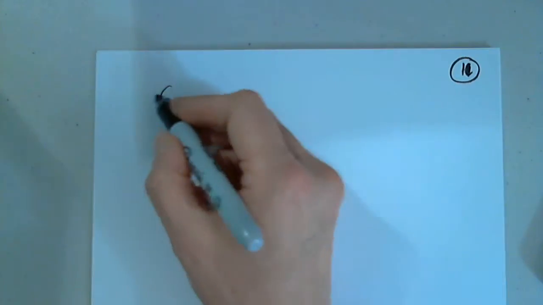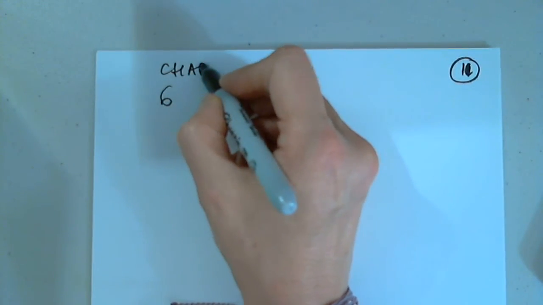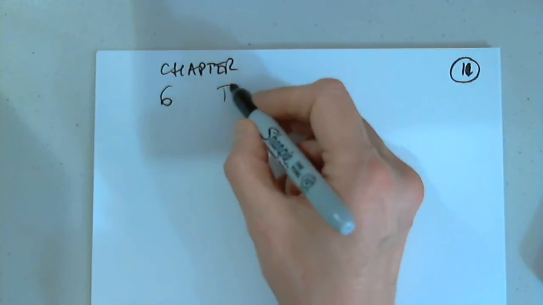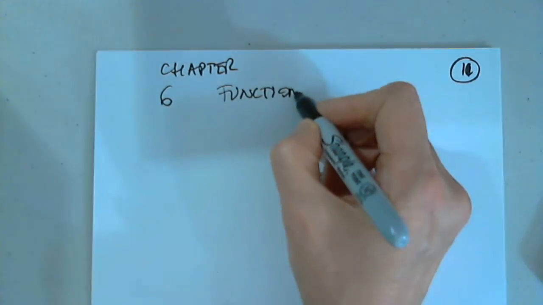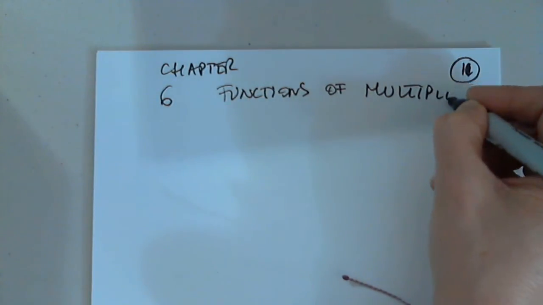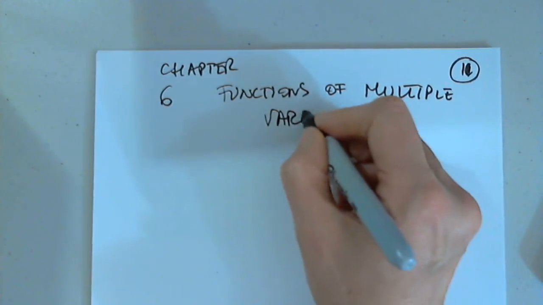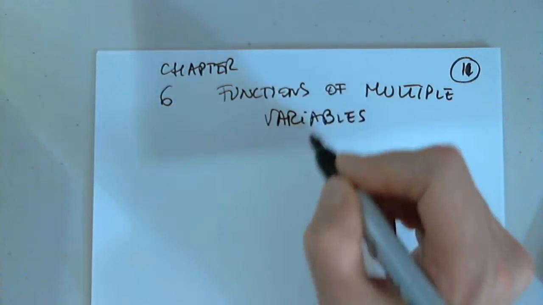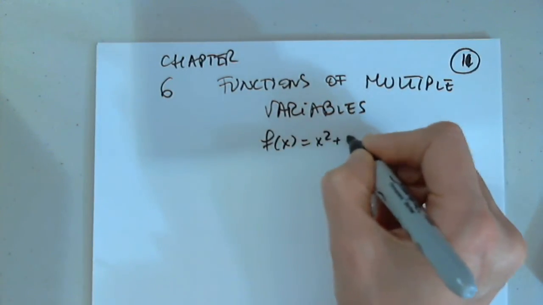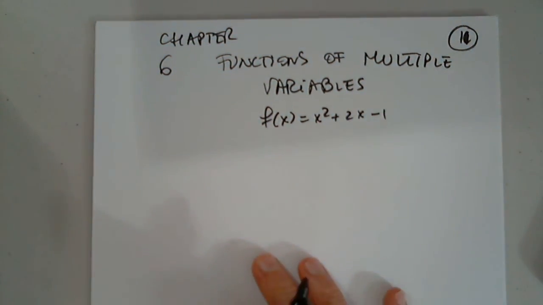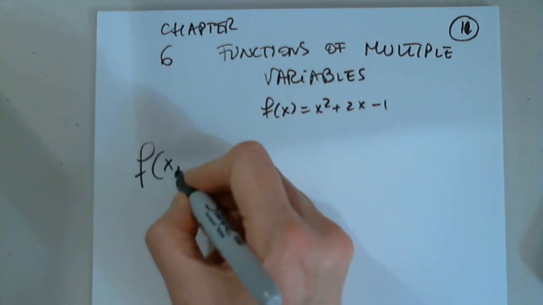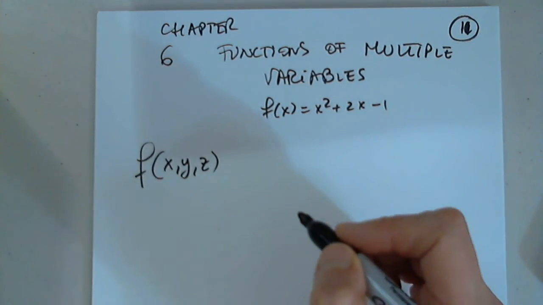So chapter 6 is all about functions of multiple variables. In other words, we do not have f of x equals x squared plus 2x minus 1, but f of x and y and z.